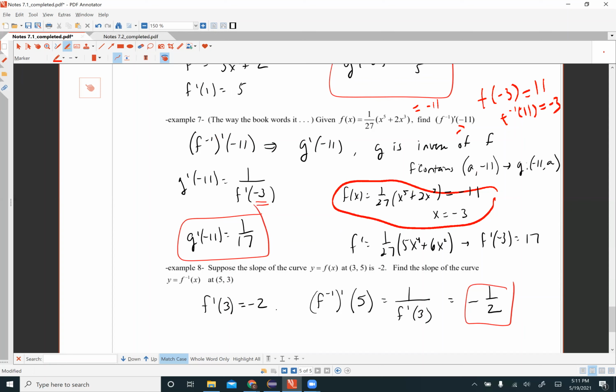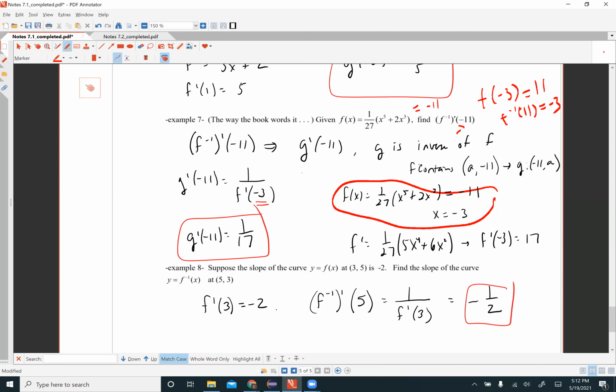We want the derivative of the inverse at -11, which is just the reciprocal of the derivative of f at -3.